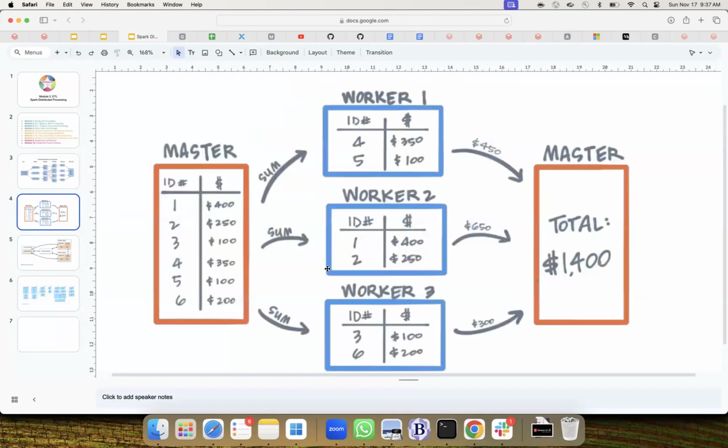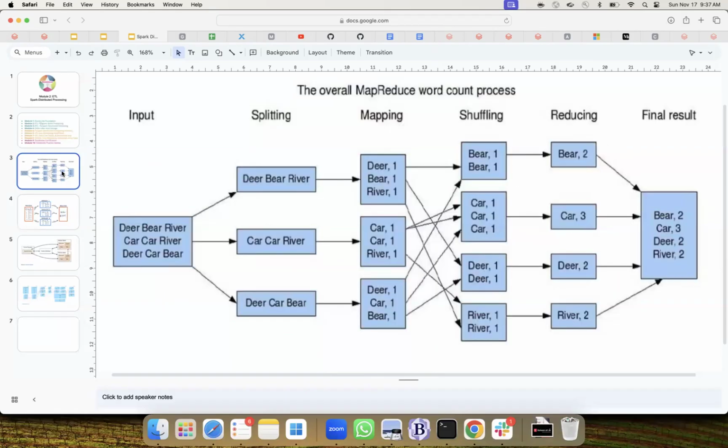Getting back, same concept here. Sorry, a question? In the previous slide, when we are in the mapping section, we are assigned 1, 1, 1, right? That indicates the number of partitions, right? No, not partitions.